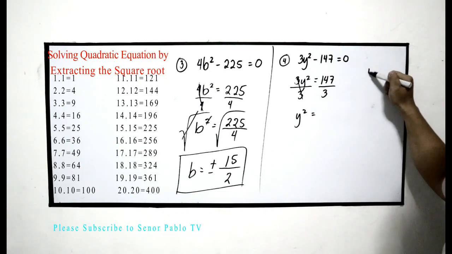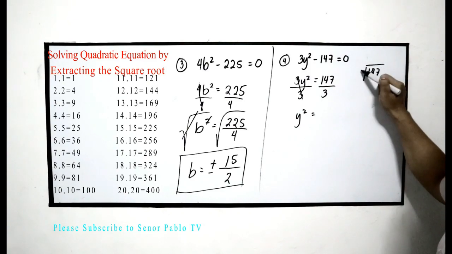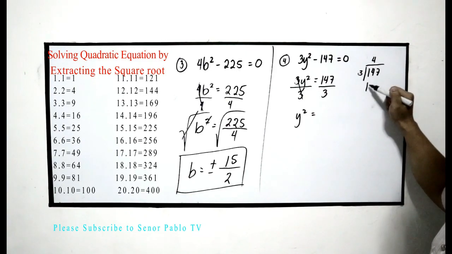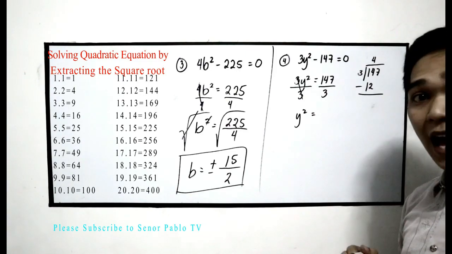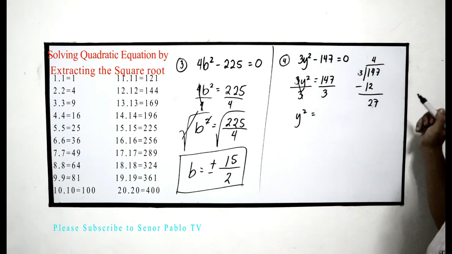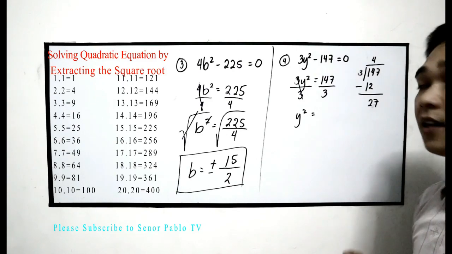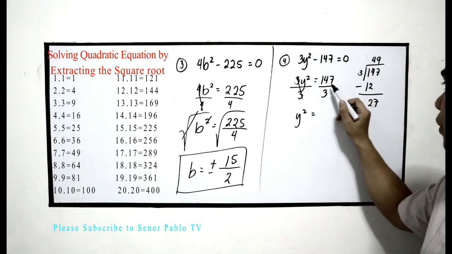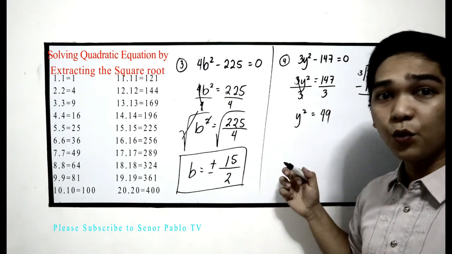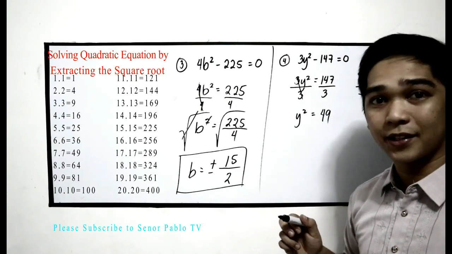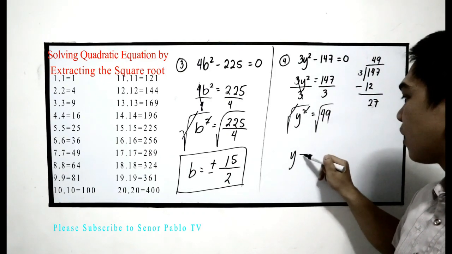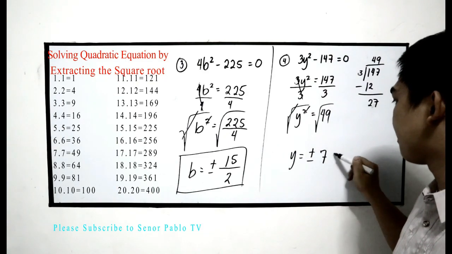So let us divide. 14 divided by 3, that is 4. 4 times 3, 12. Then subtract. 14 minus 12, 2. Bring down 7. 27 divided by 3, that is 9. So we now have 49. To find y, get the square root. y is equal to positive negative 7.